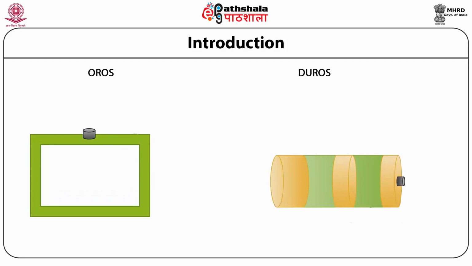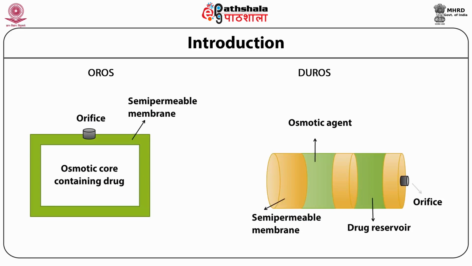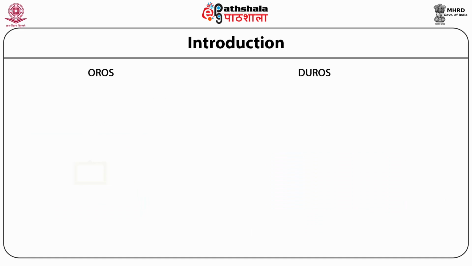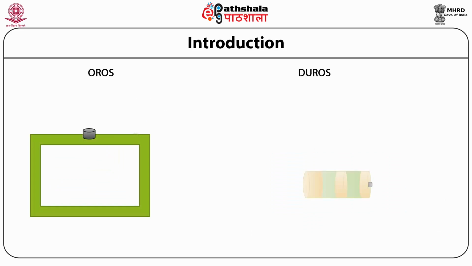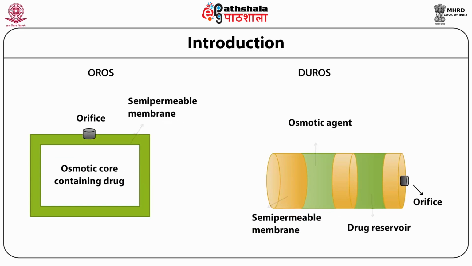This semi-permeable membrane is permeable to water or aqueous systems, but it is impermeable to whatever is already inside in the beginning. Then there is a basic core in the structure called the osmotic core, which contains the drug. The osmotic core also contains some osmotic active substance that, once it absorbs water, creates high osmotic pressure.